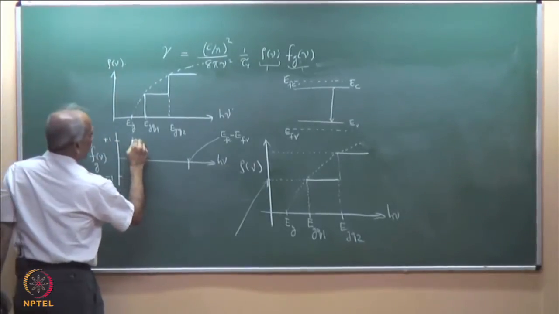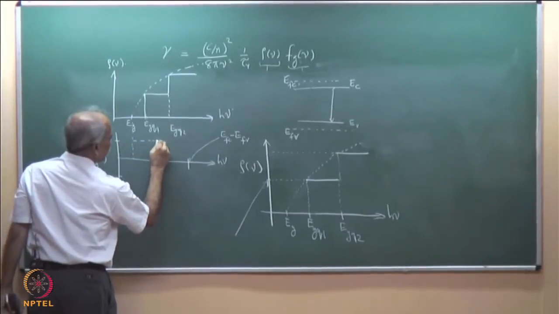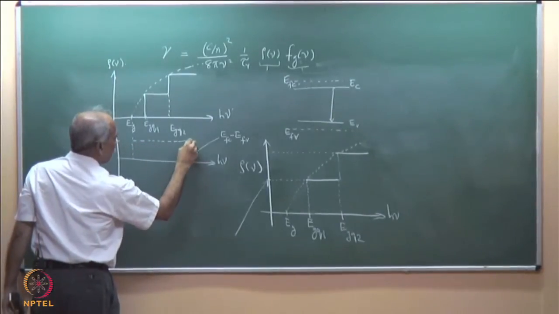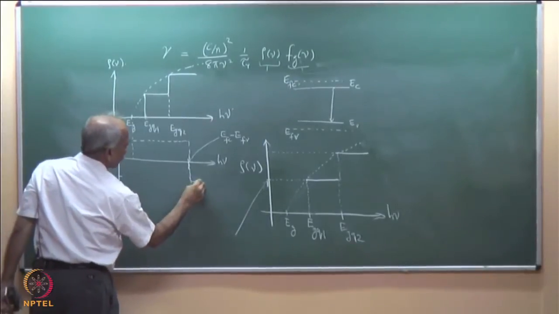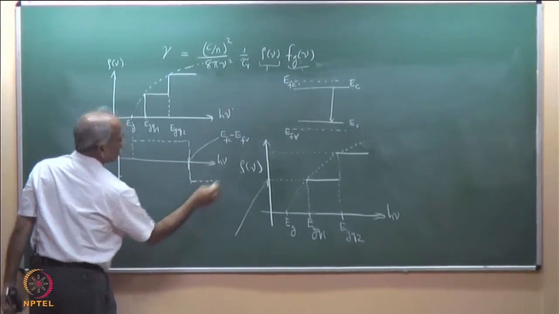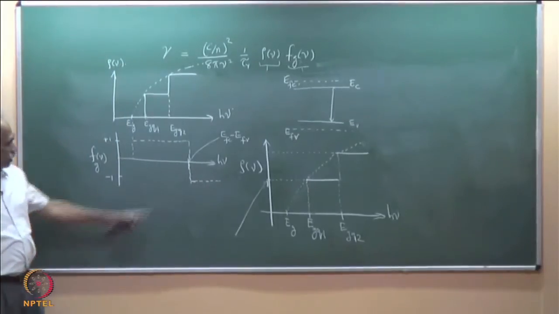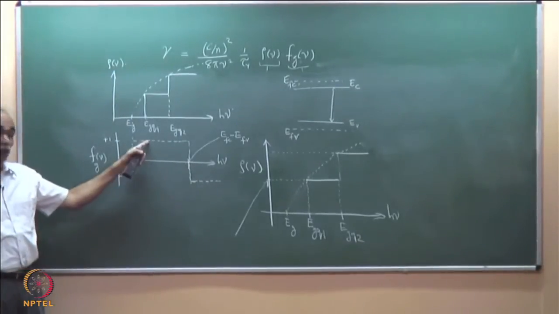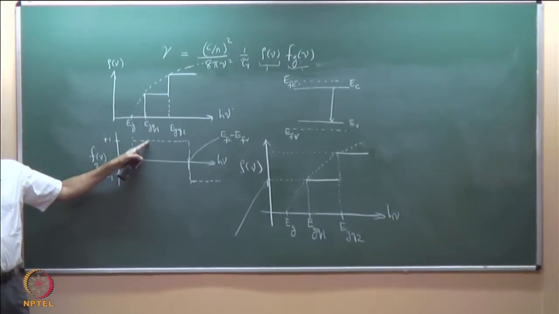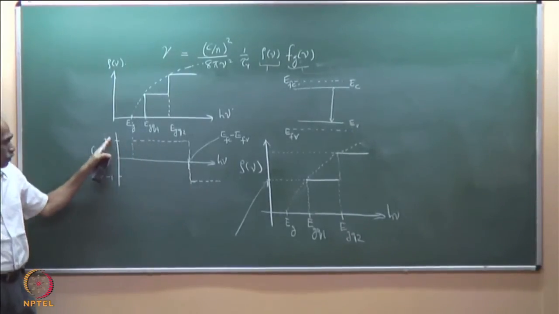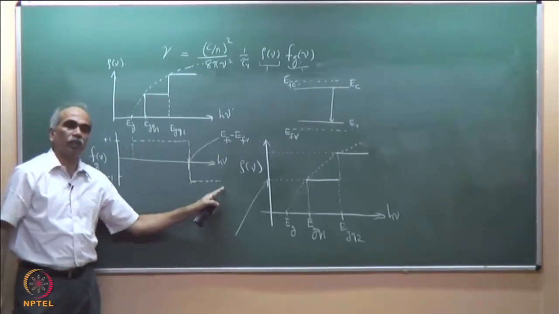So, it remained +1 up to this, and then it went down to -1. The step function. Fg of nu, the probability of emission minus probability of absorption, the Fermi inversion factor, was +1 up to this and -1 beyond this.